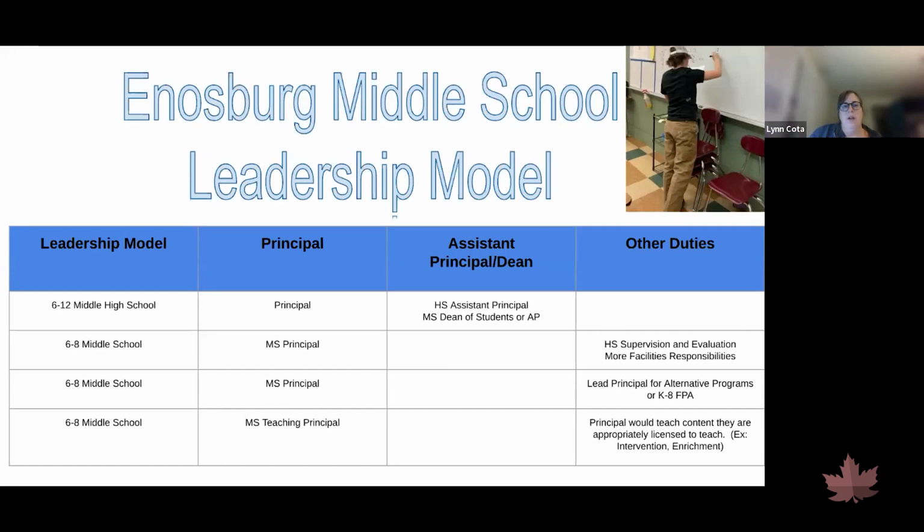I would love to be able to say we have all the adequate resources we need to continue on with a 2 principal model in the middle high school. That would be what my heart would go to, but my head goes to thinking about equity and the limited human resources we have in terms of leadership and the number of students in each of those schools.